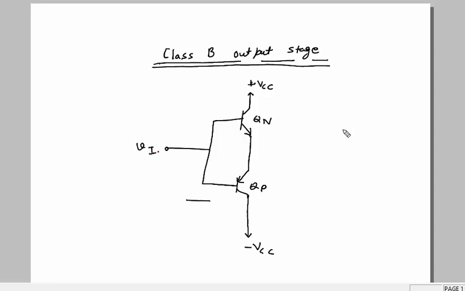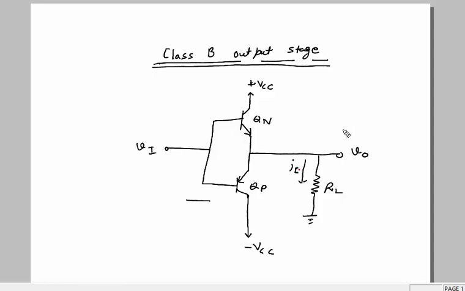Now, the emitters of both the transistors will be connected, and the output is taken across a resistance RL. So output will be across the RL, and this current will be called the load current IL. Here we are using two transistors.